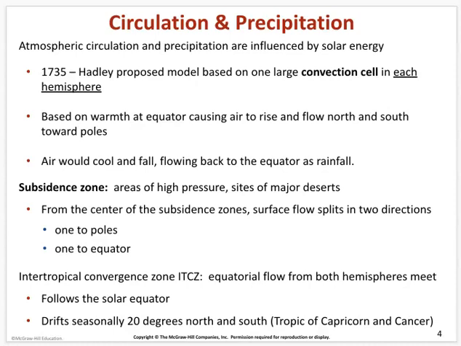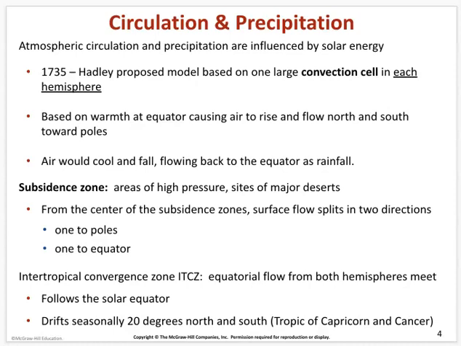Now, one of the problems is that as the warm air pushes up and starts to cool and come down, there's more warm air pushing up, and so it kind of gets trapped. That's how we see different weather patterns form. One of the things we look at are the subsidence zones, and these are areas of high pressure.